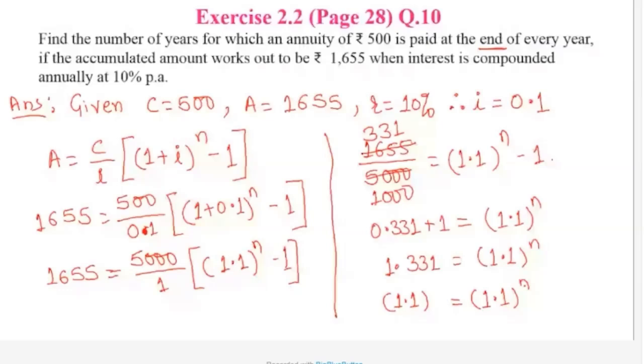So 1.1 raised to what? Raised to 3. So you know the rule of indices. Here 1.1 is the base, 3 is the power. When bases are equal, the powers are also equal. So, or you can say by observation also, 3 is equal to n.